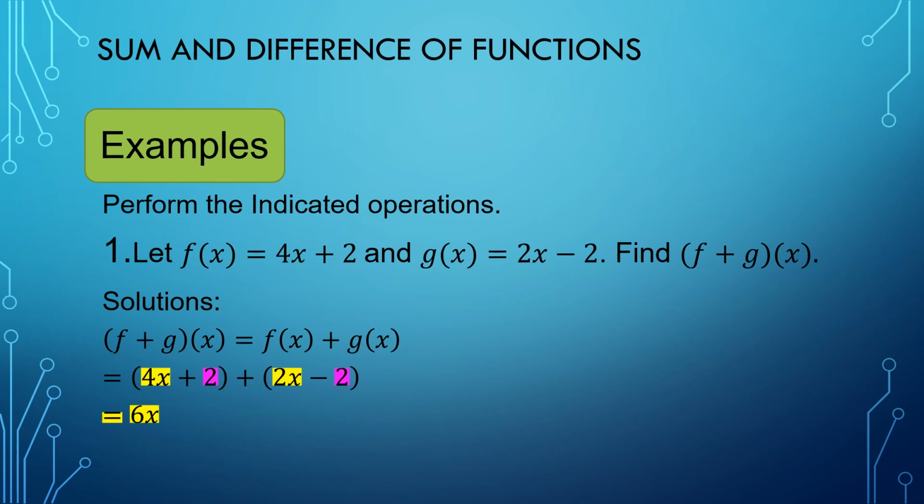Here, as you can see, the yellow, which is 4x and 2x, are similar terms. So 4x plus 2x, that is 6x. Then the pink one, we have 2 and the negative 2. So 2 minus 2, that is 0. So therefore, f plus g of x is equal to 6x.